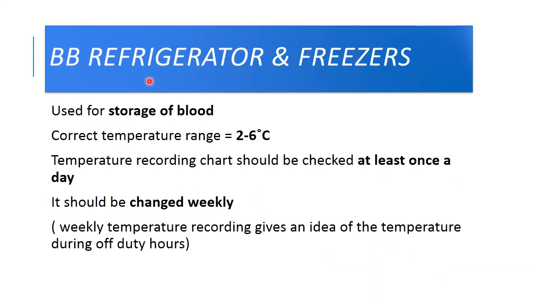With respect to blood bank refrigerators and freezers, the common equipment used in the blood bank mainly for the storage of blood, see that the temperature range is between 2 to 6 degrees centigrade. The temperature recording chart should be checked at least once a day, and this can be changed weekly. Charts are available in different forms, either week-based or month-based, and the changing of the charts has to be done accordingly.